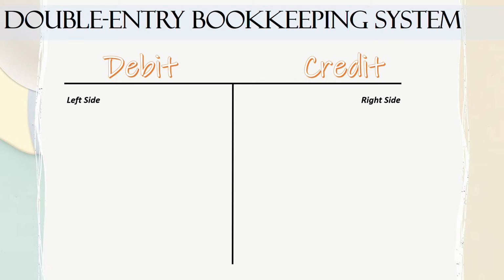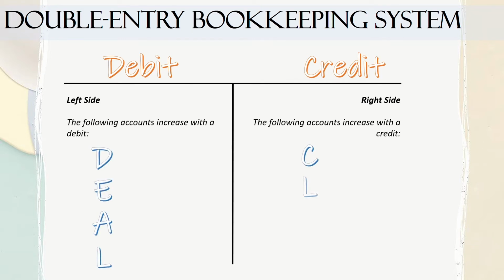For easier identification of the normal balance of these accounts, the following acronym is used. On the debit side, it's DEAL, and on the credit side, it's CLIP. So in short, DEAL, CLIP. DEAL has a normal debit balance, so it is on the left side. Normal debit balance means that the following accounts will increase if they are debited. DEAL means drawings, expenses, assets, and losses.